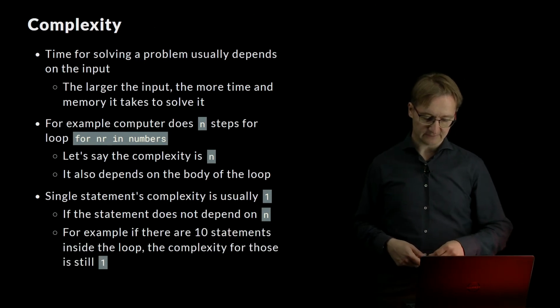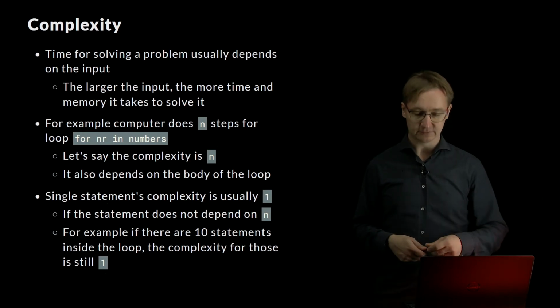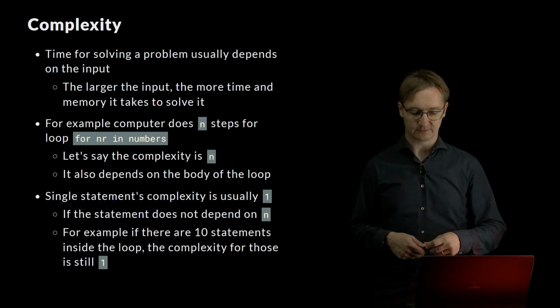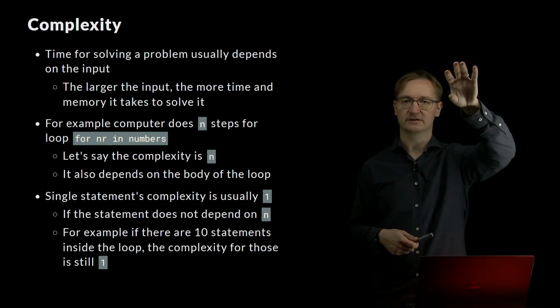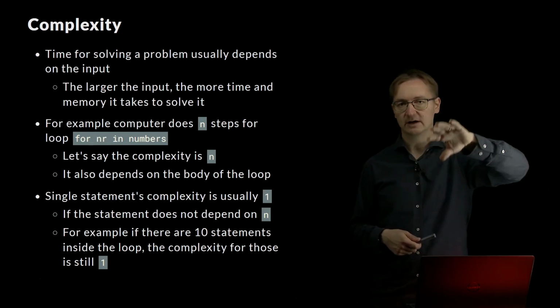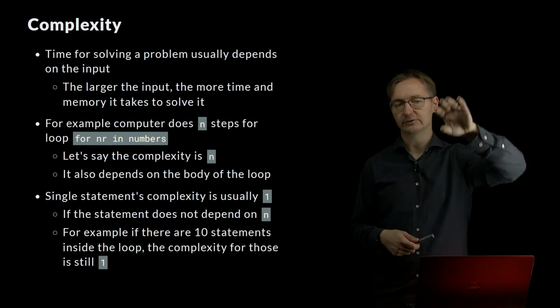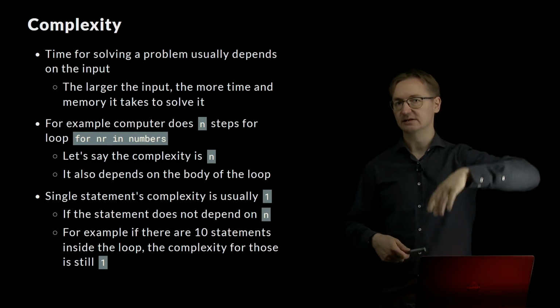And for example, if there are 10 statements inside a loop, the complexity for those is still 1. For example, I have 10 calculations. I add 2 numbers, then I multiply something, then I divide something, then I subtract, and so on. I have 10 different calculations. Although we can say that the complexity is 10, usually we say it's still constant.